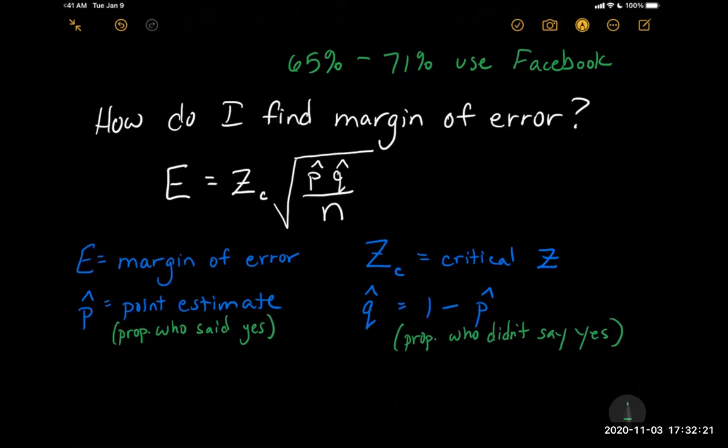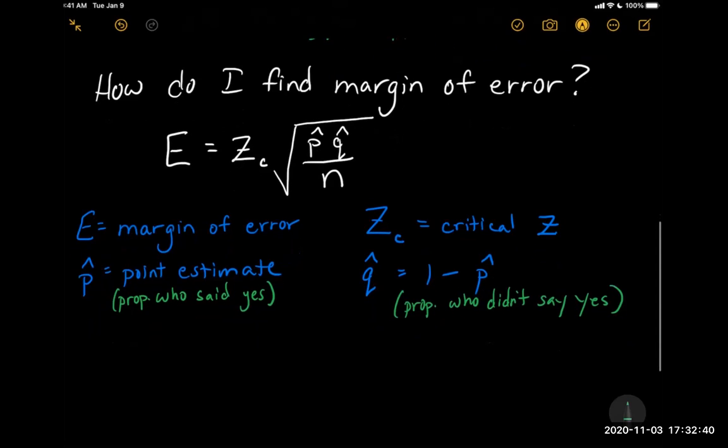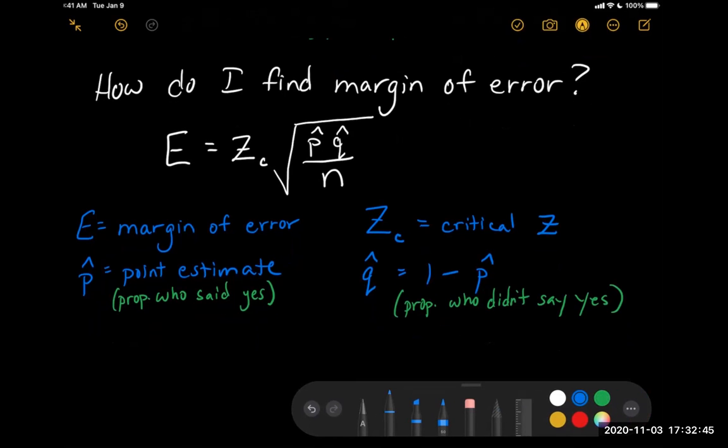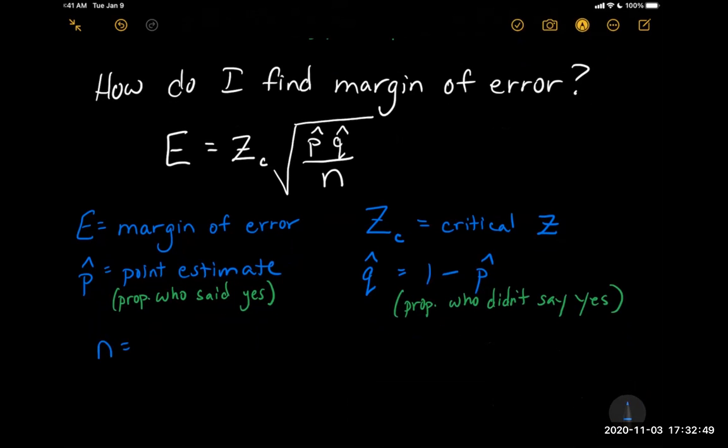If I said, do you use Facebook? Some people said yes, some people said no, but some people might have said something besides yes or no. They might have said, I don't know, what's Facebook? That's not a yes or a no. So it includes the no's, but it also includes people who said anything other than yes. N is the number surveyed.